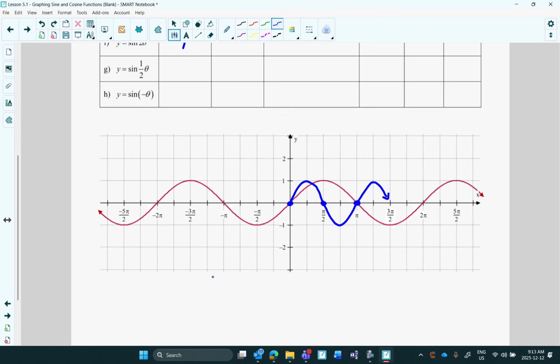So this one, if I take half of the x, it goes to here. This one, if I take half of it, it goes to here. This one, if I take half of it, it goes to here. And this one, if I take half of it, it goes to here. There we go. It's going to look like that. Okay.